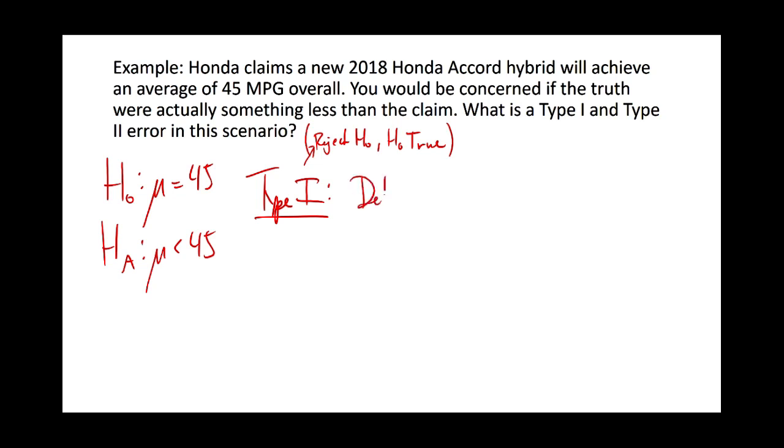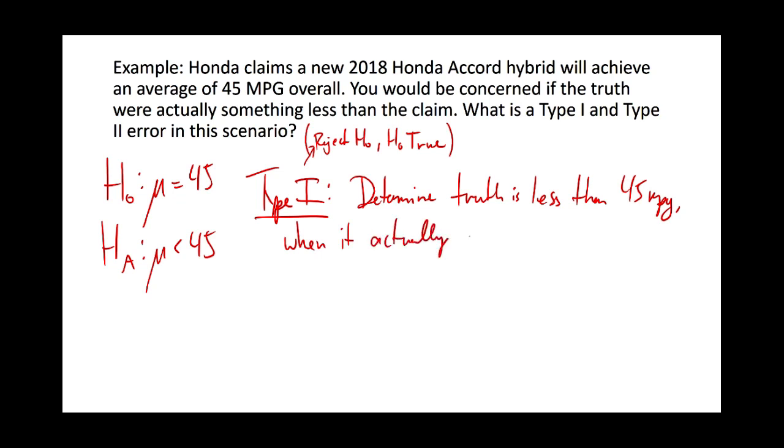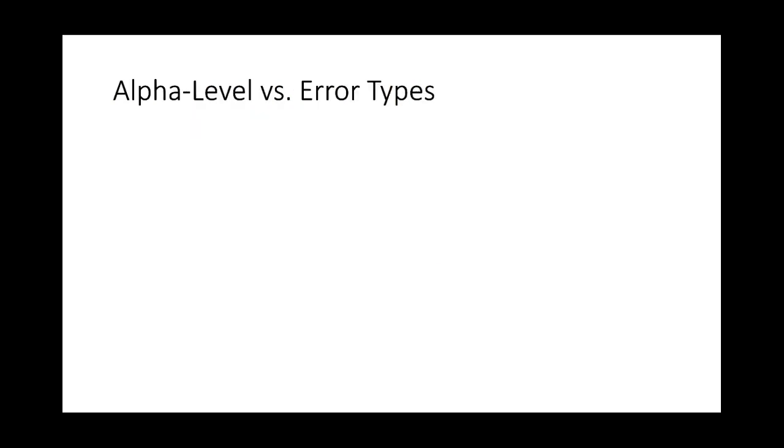Yeah, so you're going to determine or decide that the truth is less than 45 miles per gallon when it actually is 45. Right. So in other words, you're going to go back and say, I don't believe you, Honda.